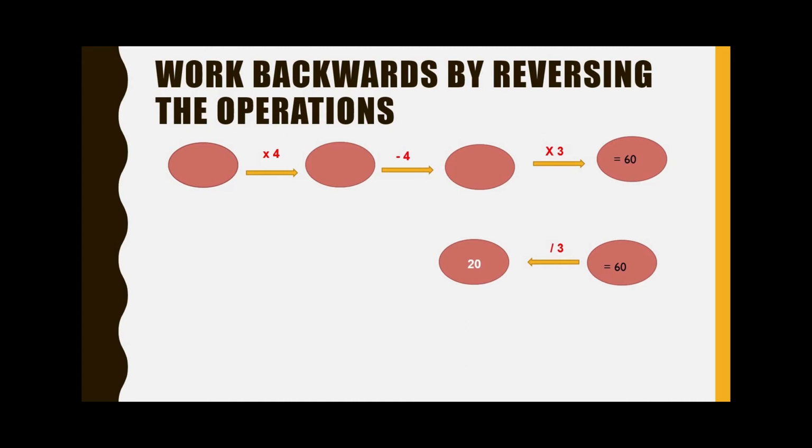I change minus 4 to plus 4. 20 plus 4 equals 24. I change multiply 4 to divided by 4. 24 divided by 4 equals 6.